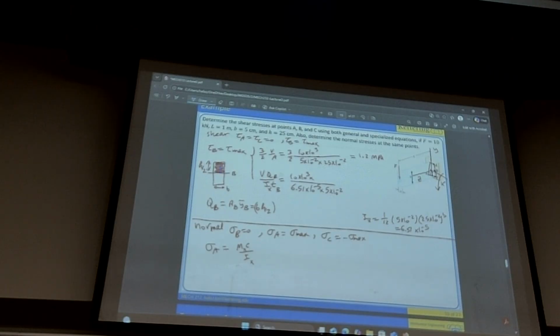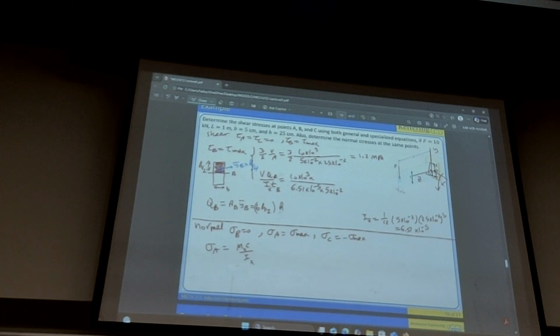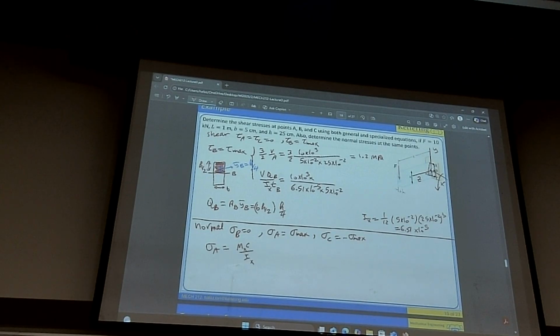This length is y-bar B, and we know that in this case it is H divided by 4, a quarter of H. So the distance between the centroid and the bending axis is H over 4. That is the Q value.